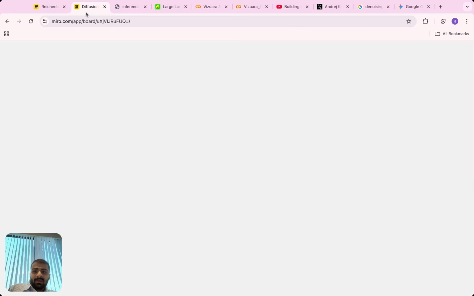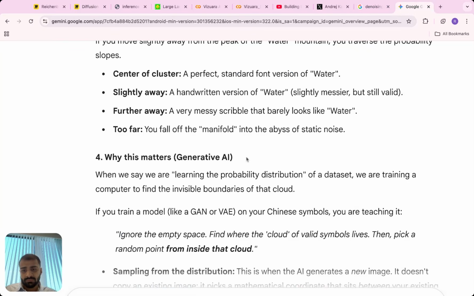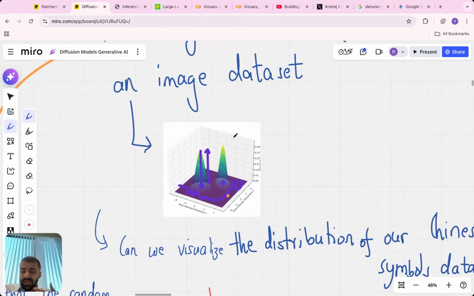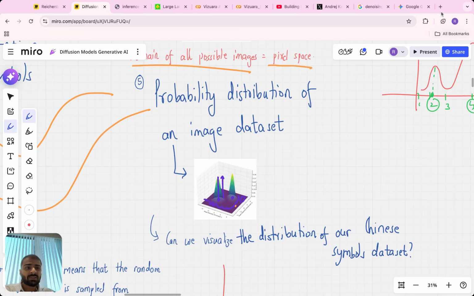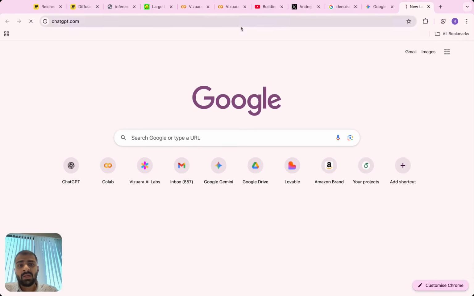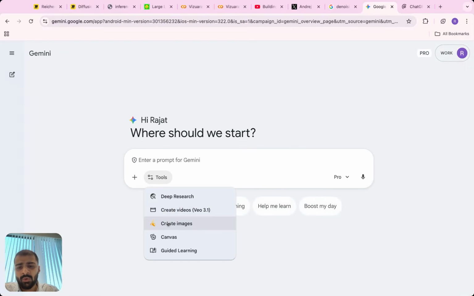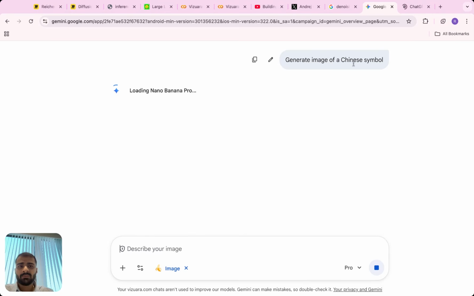Okay, and this is the main concept of generative AI or generative modeling. So, one way to say that we are generating images through ChatGPT is essentially saying that we are finding this probability distribution. If you go to ChatGPT right now, or let's say Google Gemini itself for that matter, and I choose Nano Banana Pro, and I say generate image of a Chinese symbol, what are we doing over here?